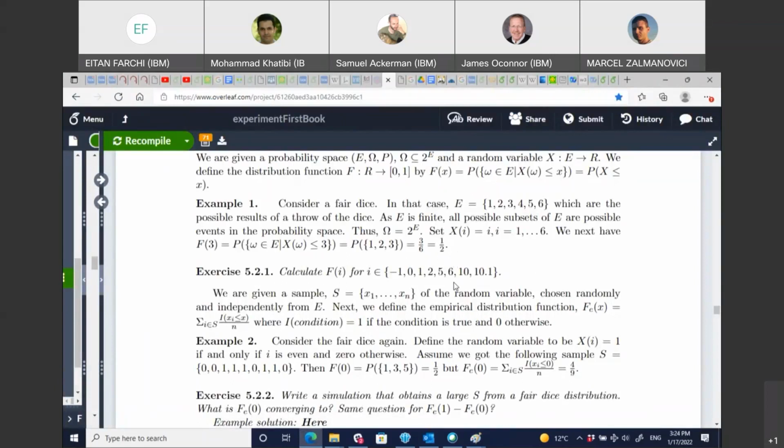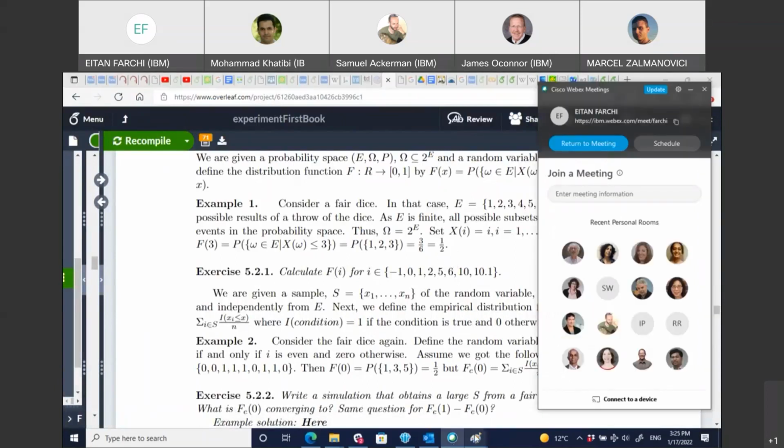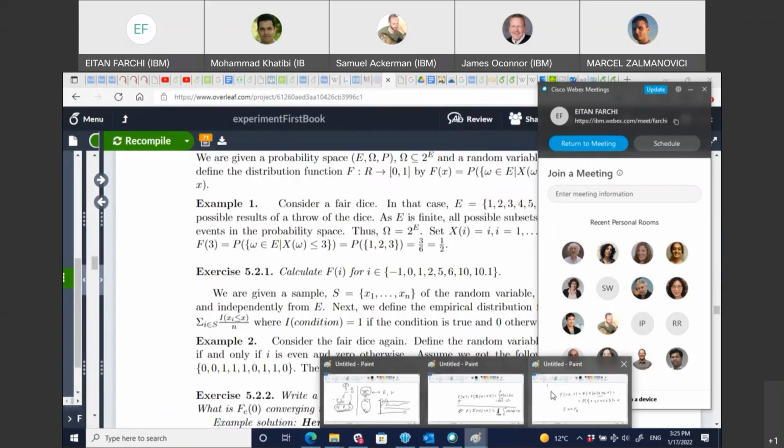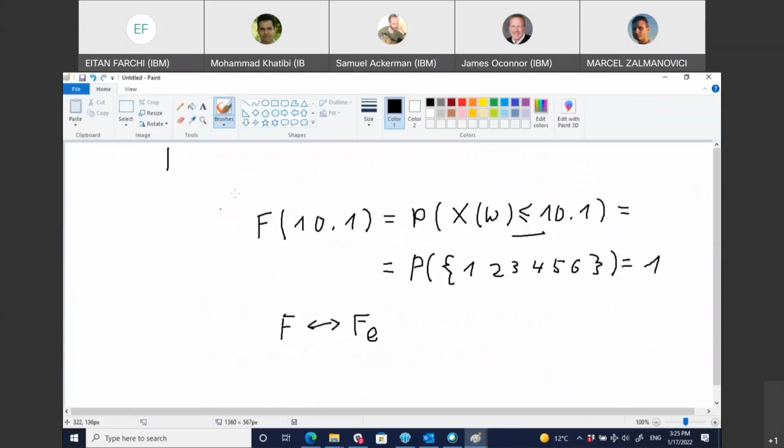Now let's ask a realistic question. What's the distribution function at 5? So we're asking, what's the probability of the random variable being less than or equal to 5?